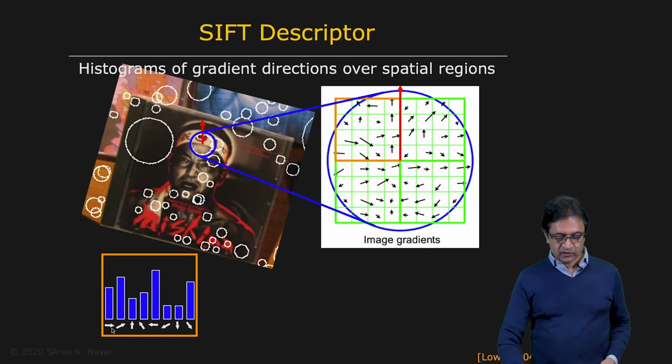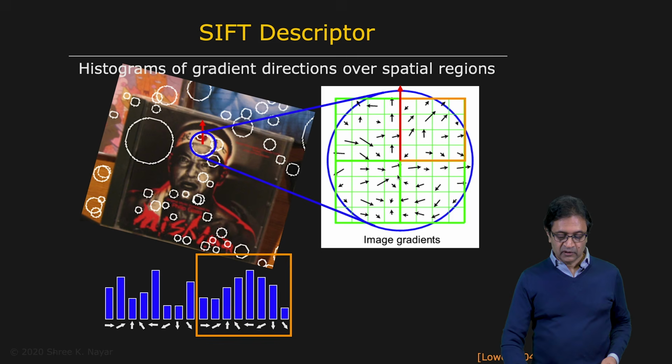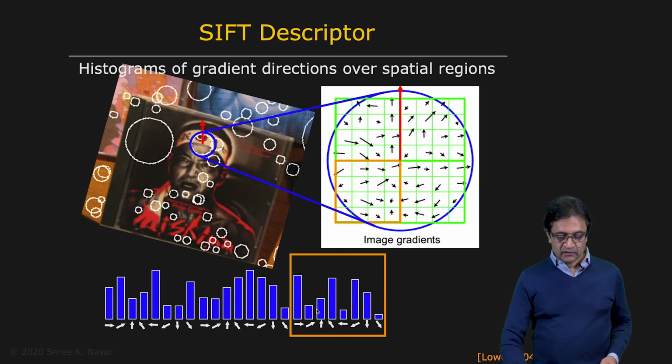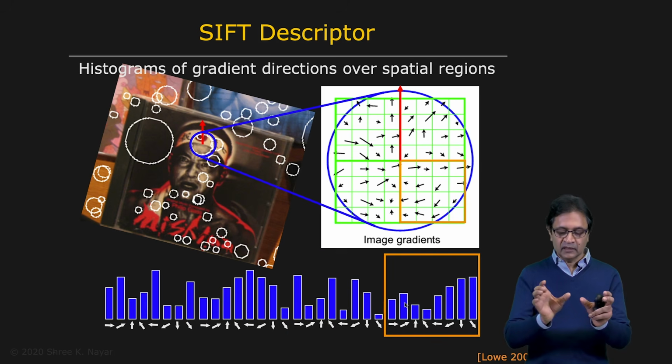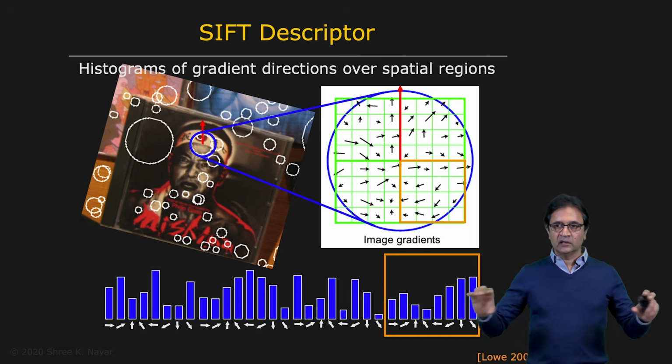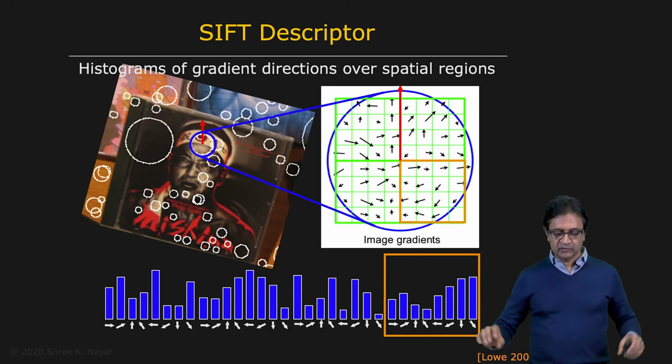That's this. So these are all the different directions, and these are the number of pixels that have each of those directions. That's a histogram. And then we're going to take the next quadrant, and compute another histogram, and the third quadrant, and finally the fourth quadrant. And you're simply concatenating these orientation histograms together to create a long histogram, one histogram right here.